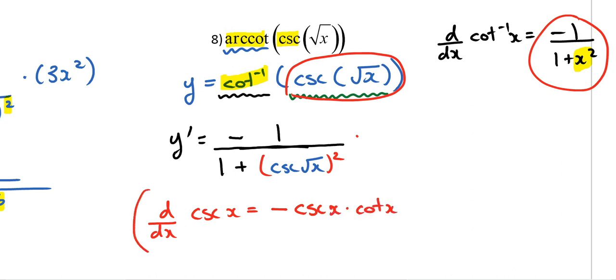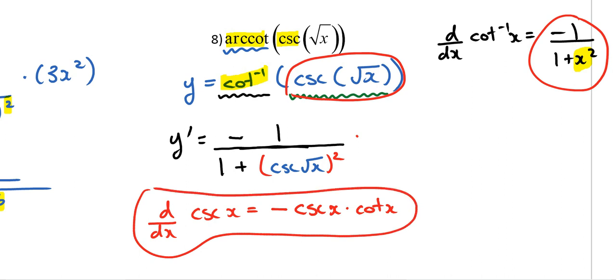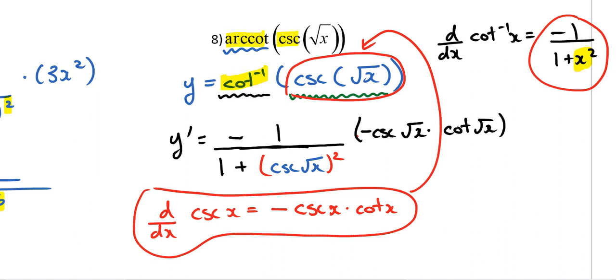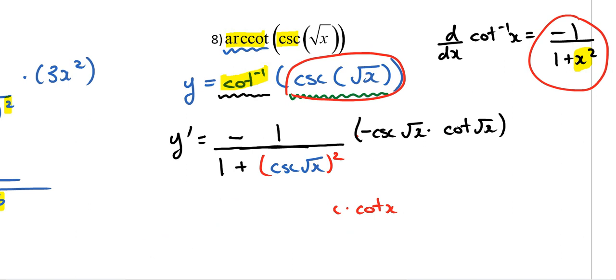Okay, so this is coming from your reference sheet again, and now I need to apply that to this part right here. So if I apply that, that's going to be negative cosecant root x times cot root x. And now that I've taken that derivative, let me just erase all this. And then I need to take the derivative of root x, and that's going to be 1 over 2 root x.